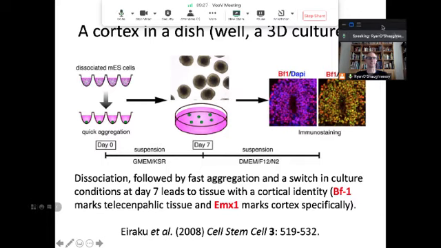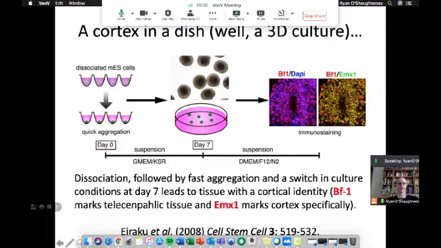And in these images we can see markers of different parts of the brain, BF1 and EMX1. EMX1 marks the cortex, which is something we're particularly interested in.